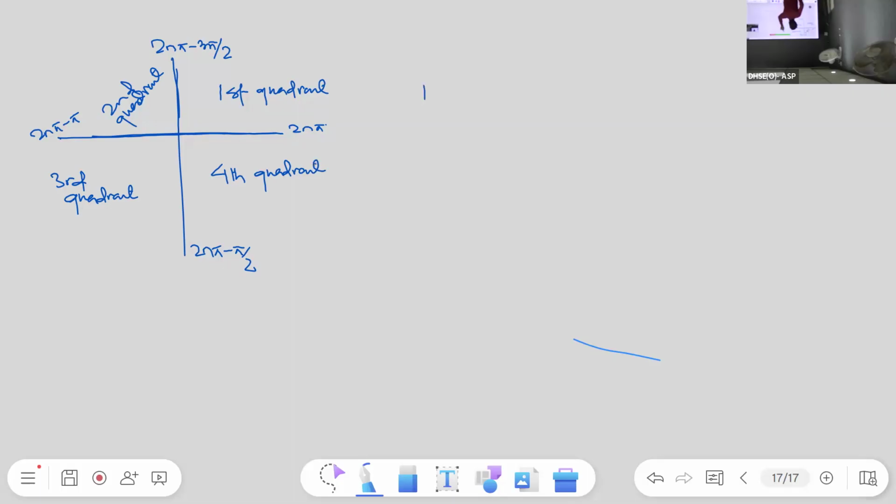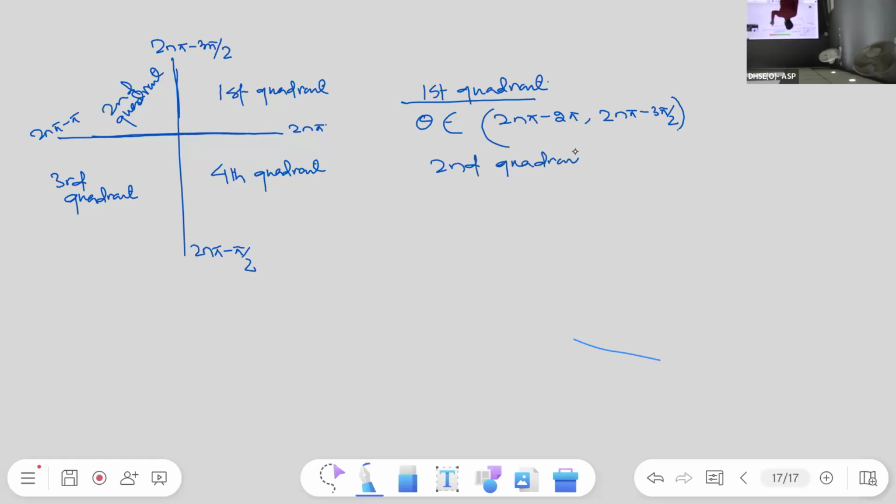So first quadrant angle in clockwise sense, theta belongs to 2n pi minus 2 pi to 2n pi minus 3 pi by 2. Second quadrant, theta belongs to 2n pi minus 3 pi by 2 to 2n pi minus pi.